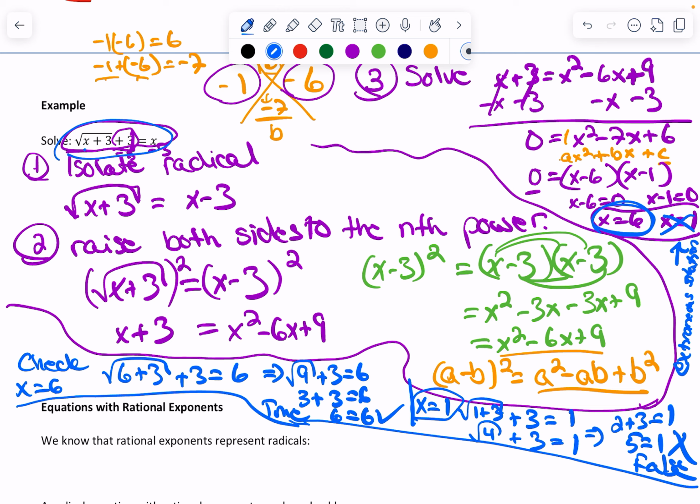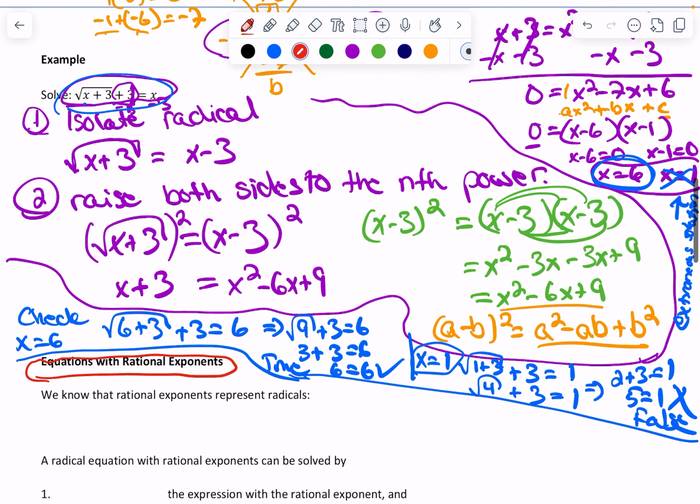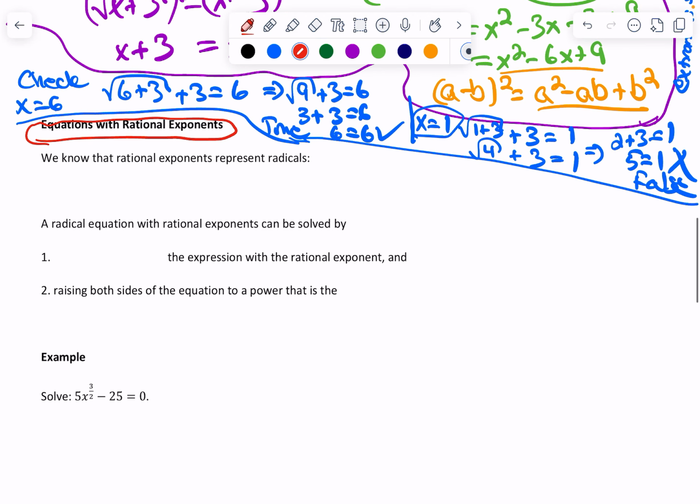Okay. Next, we're going to look at equations with rational exponents. So we know that rational exponents represent radicals. So for example, a to the power of m over n. What this means is that the n on the denominator here is the root. So this is the nth root of a to the power of m. We could also write this as a to the power of m and then take the nth root after.